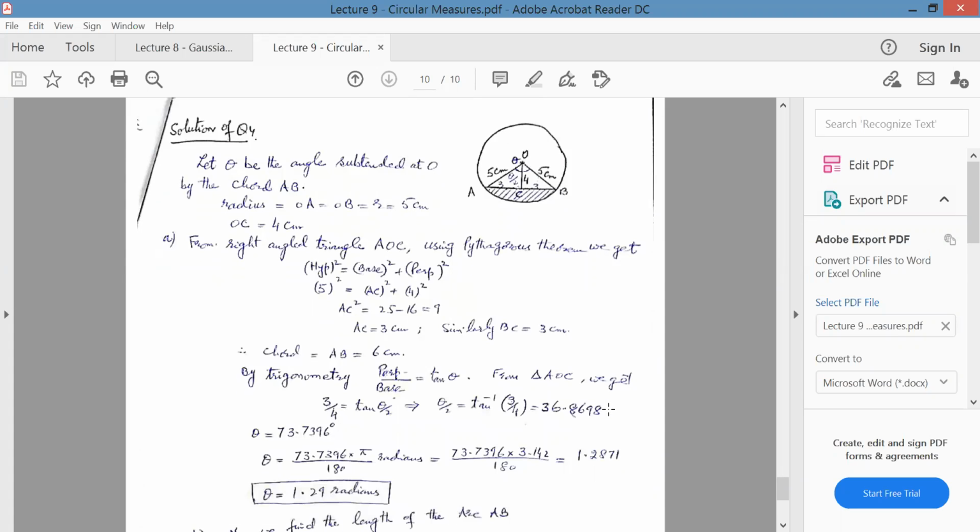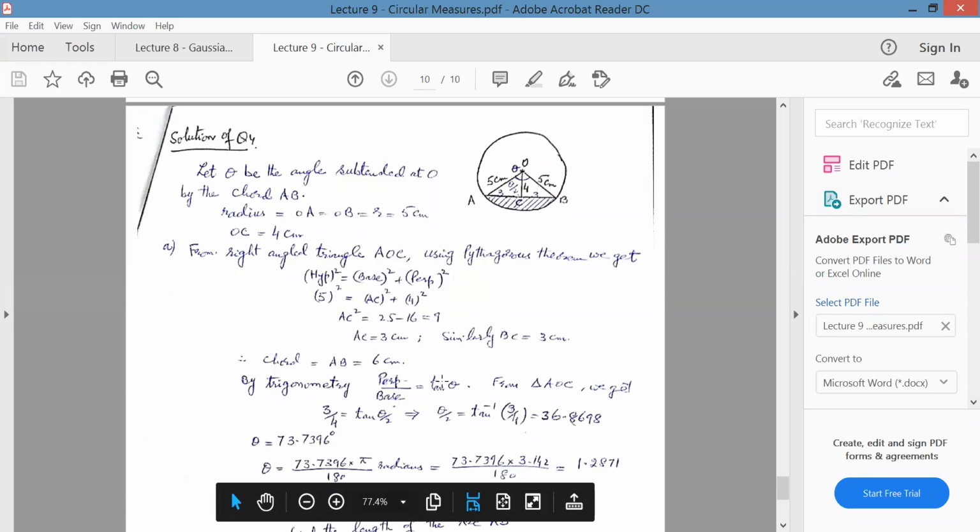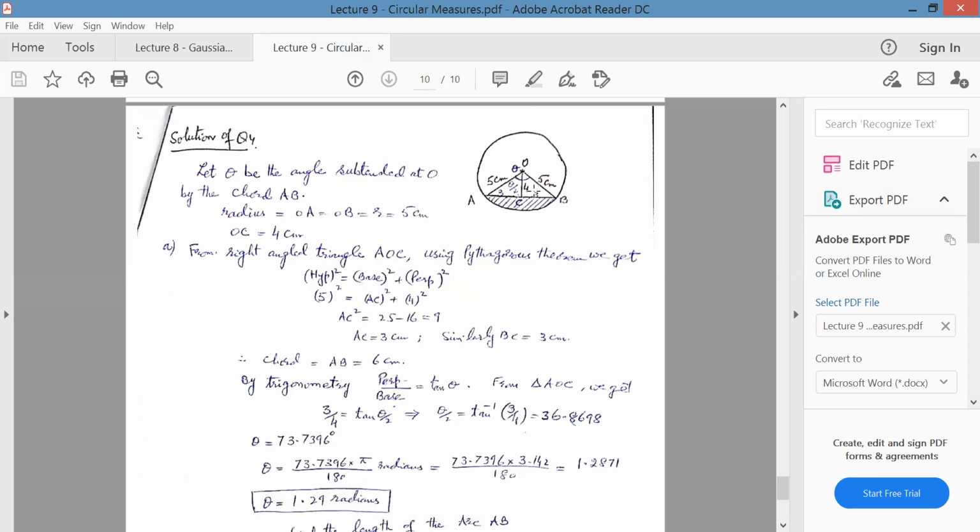This is the way you can calculate the length of the chord. If they ask you to find the length of the chord, these will be the steps you will be doing. Then by trigonometry, perpendicular upon the base is tangent theta. What is perpendicular?